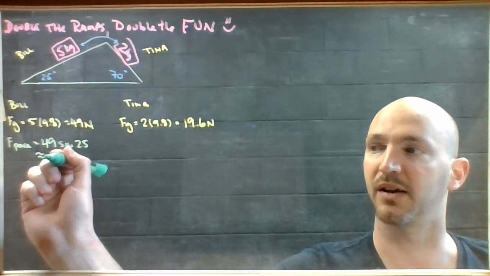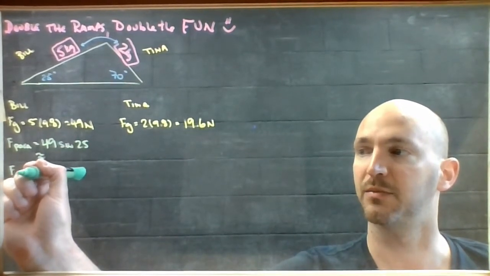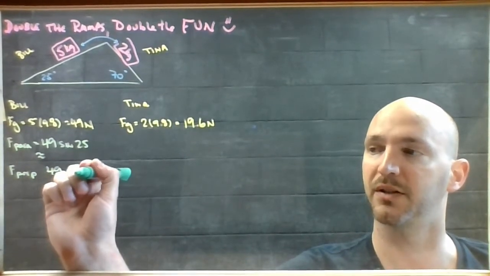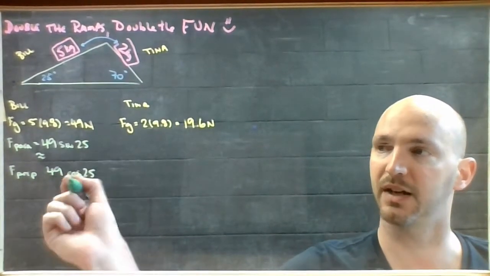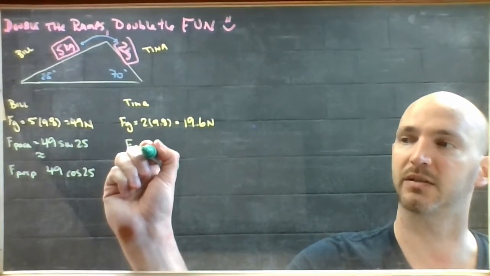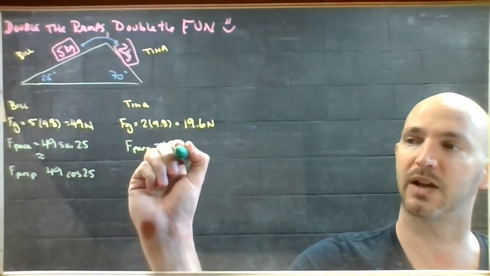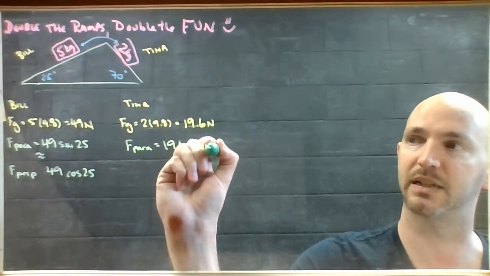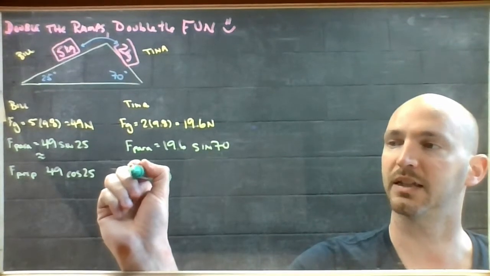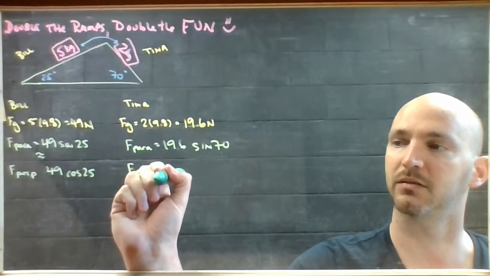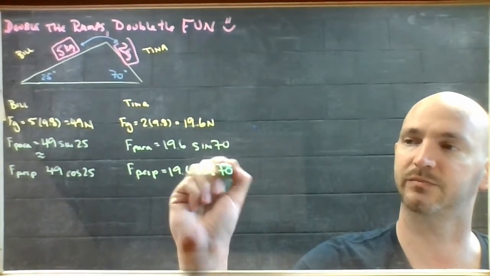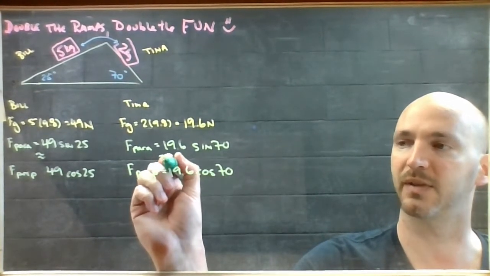And the perpendicular part will be the full gravity multiplied by the cosine of 25. And for Tina, the parallel part will be the full gravity multiplied by sine of 70, and the perp part will be the full gravity times the cosine of 70.